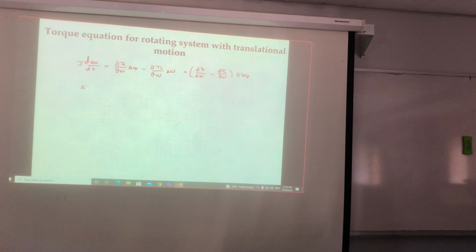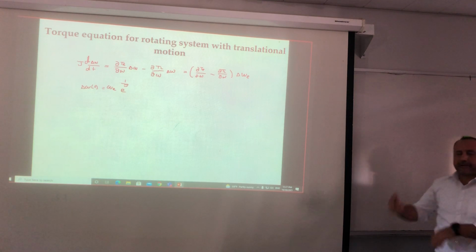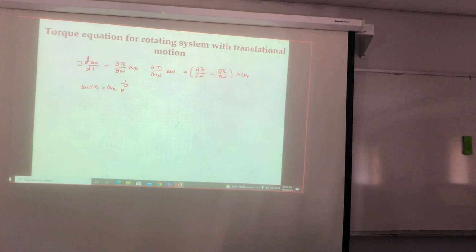So simply here, we can say that delta omega(t), now I'm calculating the variation, should equal omega naught exponential 1 over J. I rearrange because I should put J on that side. And simply this will end up to be what?